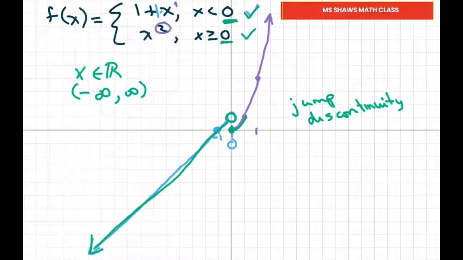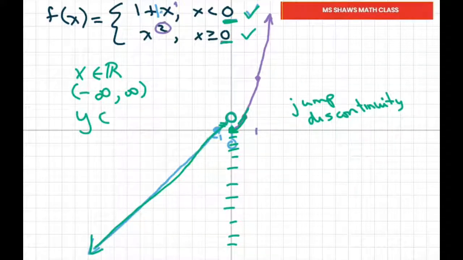Now let's look at our y, our range. It includes all our y values. There seems to be a jump right here, but we do have y values in here. So it does include all real numbers. So our range is all real numbers, or again, you can write it like this.